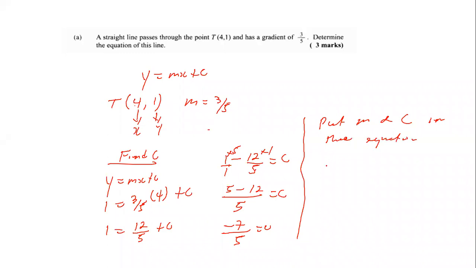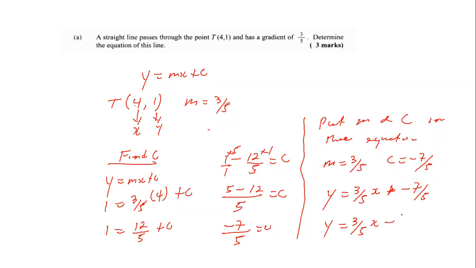So that means my m is 3 over 5. My c is equal to -7 over 5. So I say y is equal to 3 over 5 x, plus -7 over 5. If you want to write it neatly, it would be y is equal to 3 over 5 x minus 7 over 5.